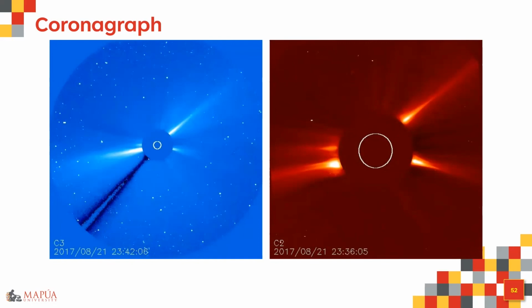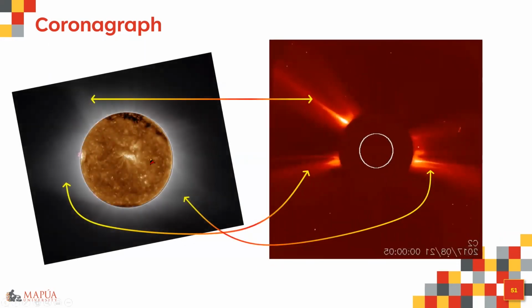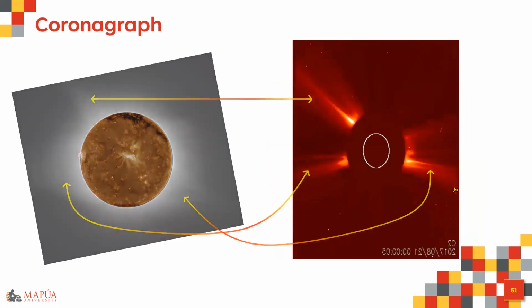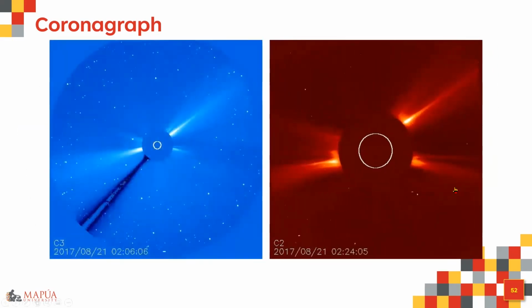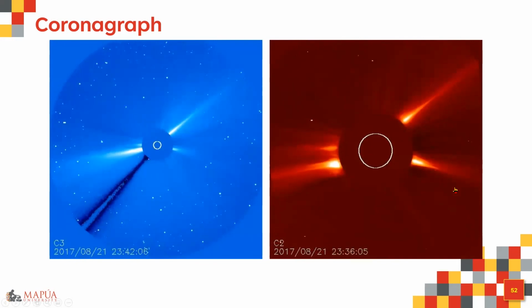So combining these features, we can observe additional features, additional transient features of the solar corona, and even the surface of the sun.